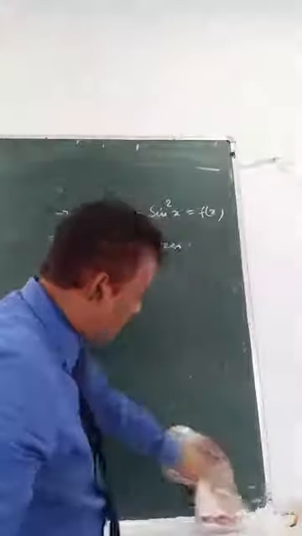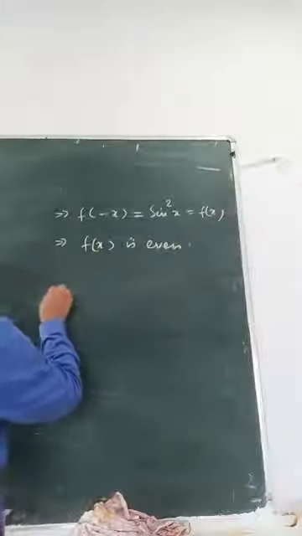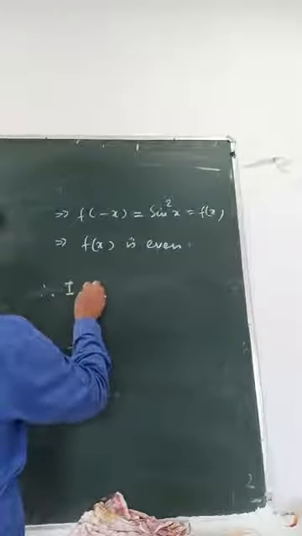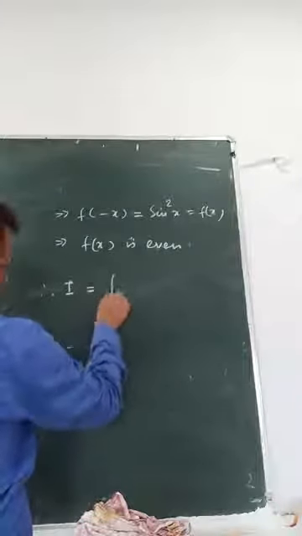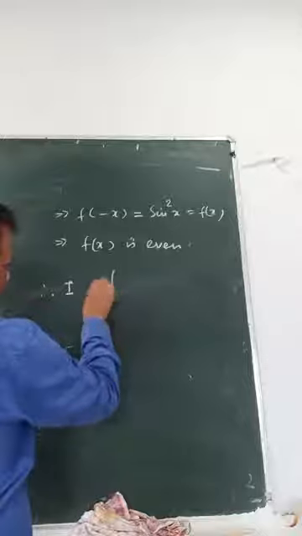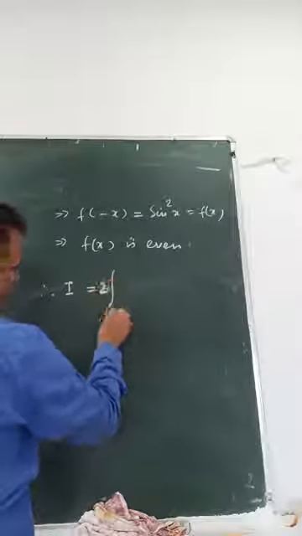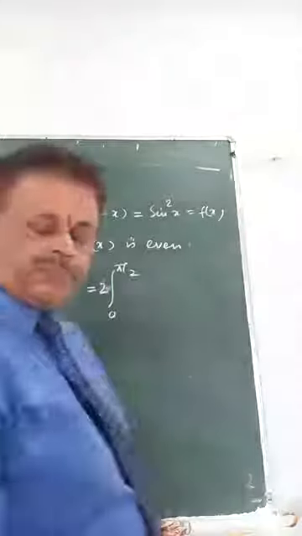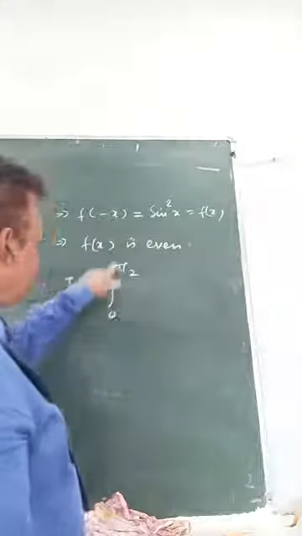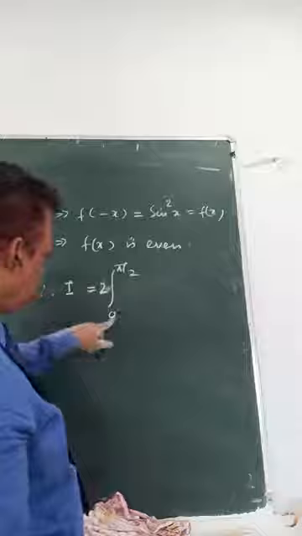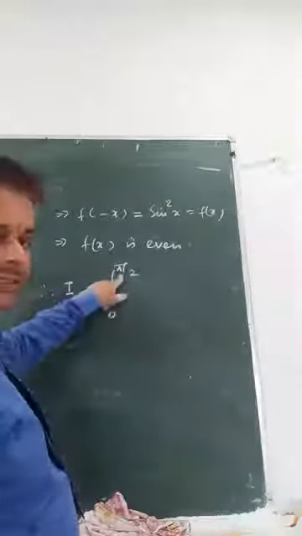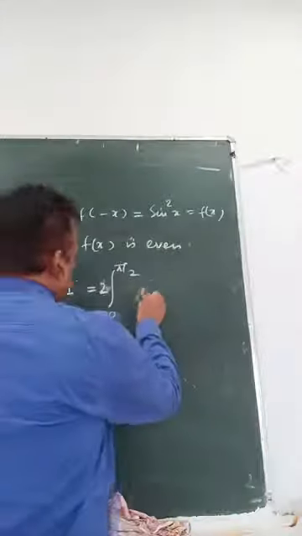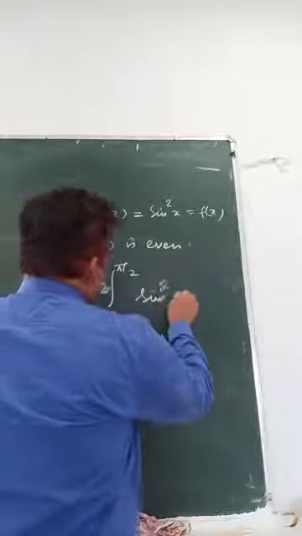So even means the limit will change. Therefore, I equals 2 times, as the formula is given, minus a to a becomes 2 times 0 to a. So 2 times the integral from 0 to pi by 2 of sin square x dx.